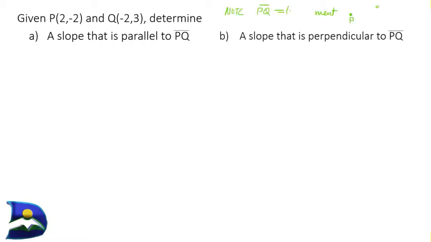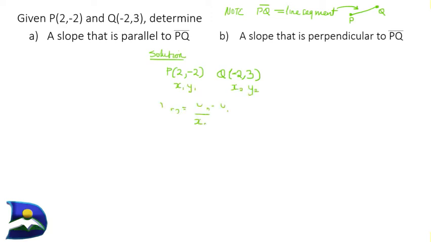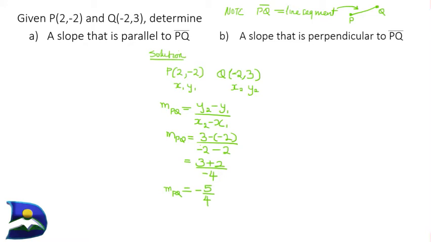Once we have that taken care of, then we need to find that line's slope, which is between the 2 points P and Q. So in here, the solution is to determine the slope of that particular line, which in this case we have to pick our Q and P and then assign our x1, y1 and x2, y2, and then we rewrite the algebraic expression for determining the slope of PQ. And in this case, once you put in your numbers, you should get your answer for the slope of PQ to be equal to -5/4.